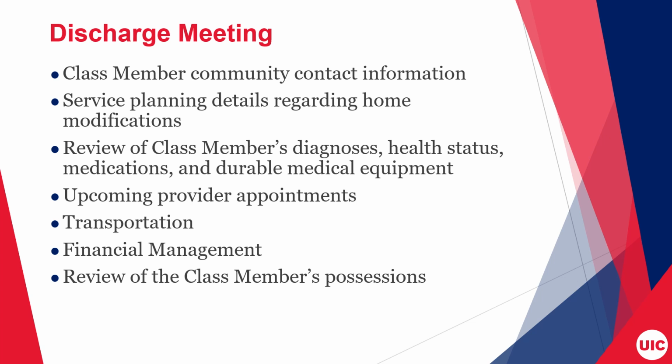It includes service planning details regarding home modifications and if a higher level of care other than permanent supportive housing or a private home is required, that the clinical rationale behind that decision is documented. The discharge meeting should also include a review of the member's diagnoses, health status, and medications. It should also include a plan for ensuring that the member has sufficient medications available when they leave the facility.